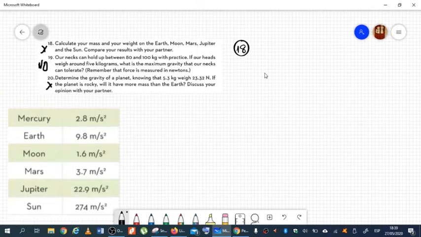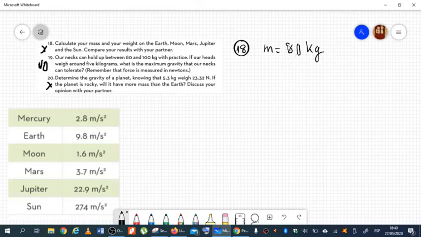Okay. Now you have to calculate your mass. How do you do it? With a scale. So, for example, imagine your mass is, I don't know, 80 kilograms, or maybe 60 kilograms.